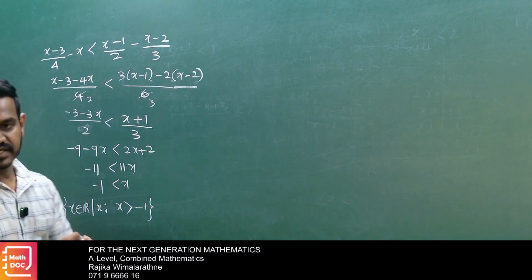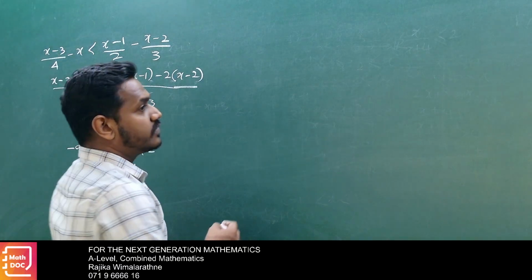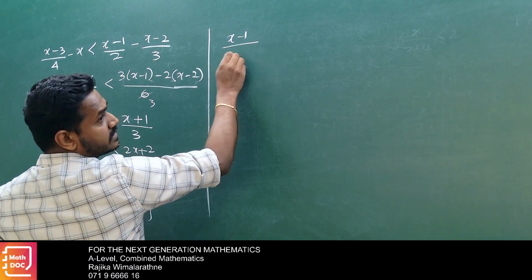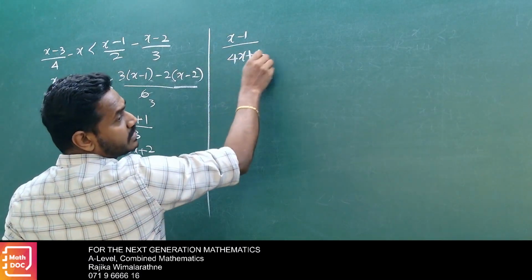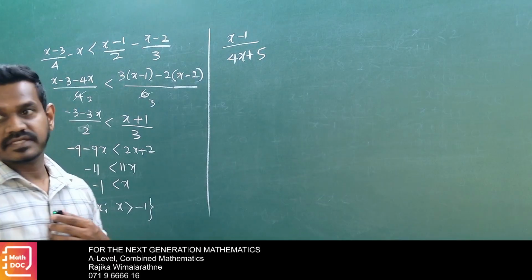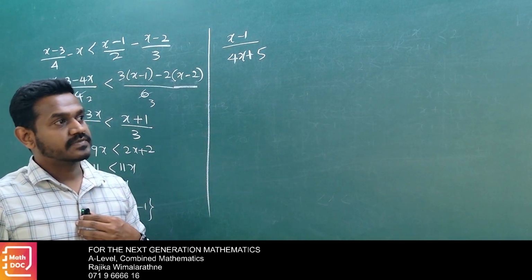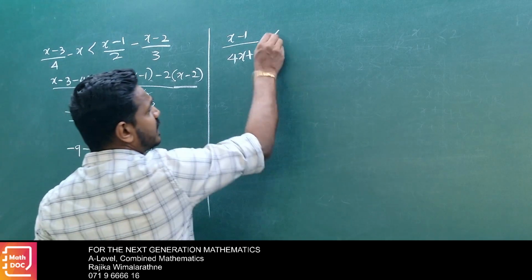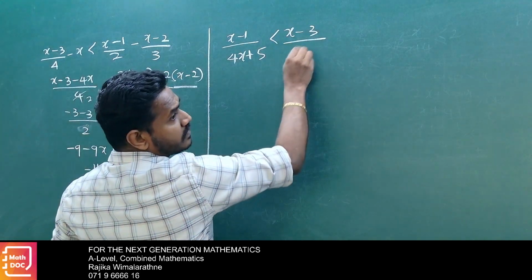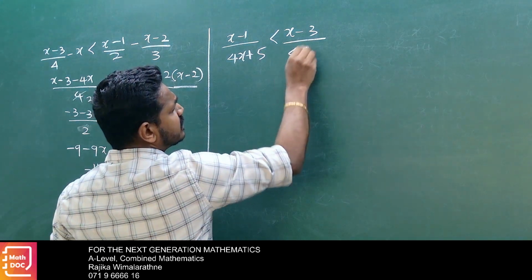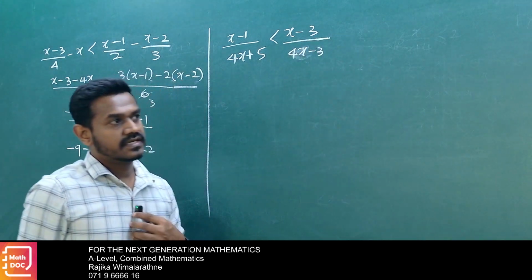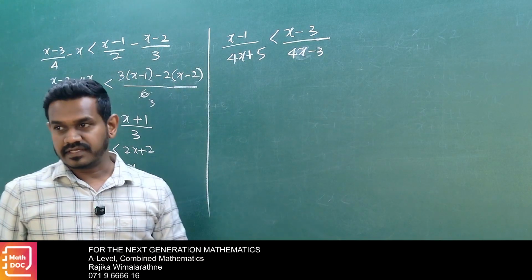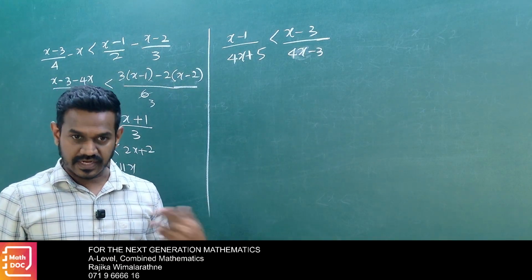It is not a rational inequality. Okay. Now the 8th one: (x minus 1)/(4x plus 5) less than (x minus 3)/(4x minus 3). Check this one. Now we can't cross multiply. We need to take all terms to one side.